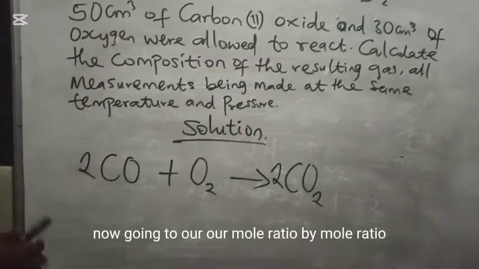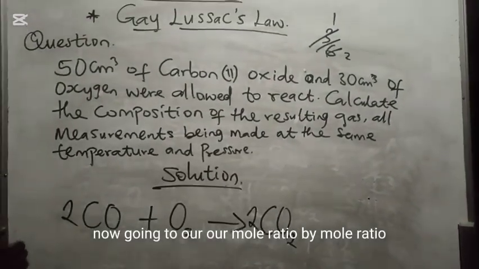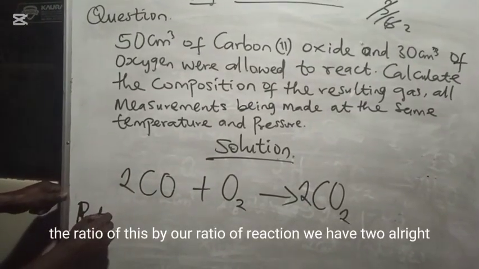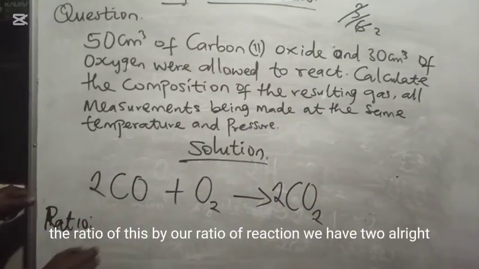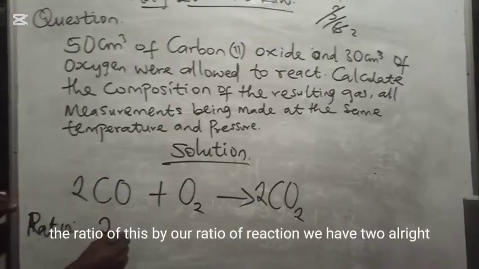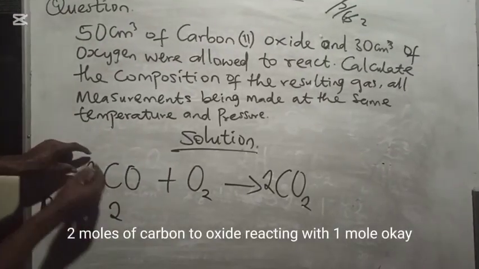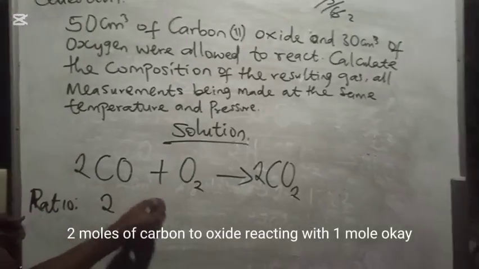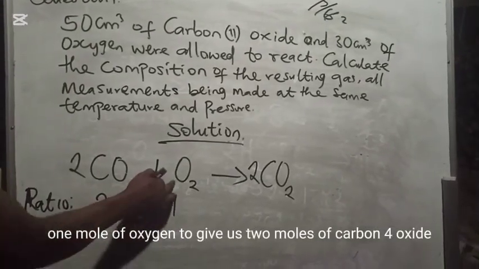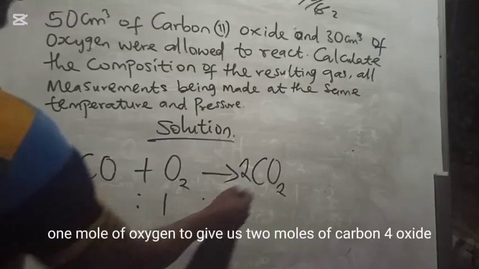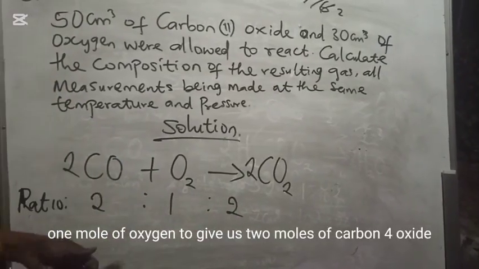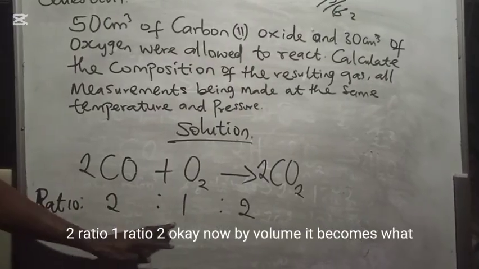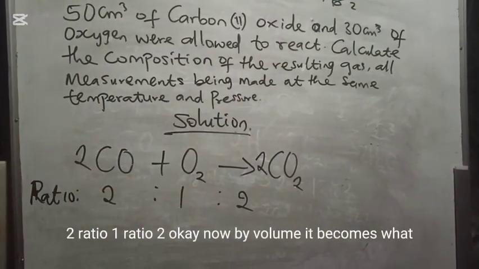Now going to our mole ratio. By our ratio of reaction, we have 2 moles of carbon(II) oxide reacting with 1 mole of oxygen to give us 2 moles of carbon(IV) oxide. So the mole ratio here is giving us what? 2:1:2.